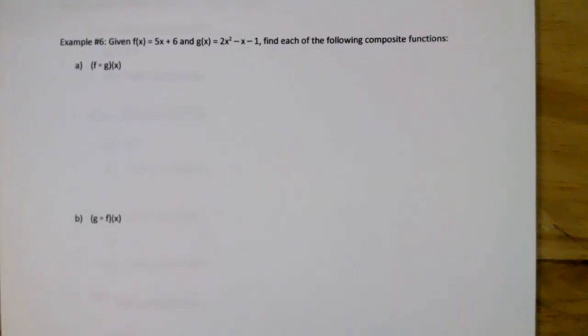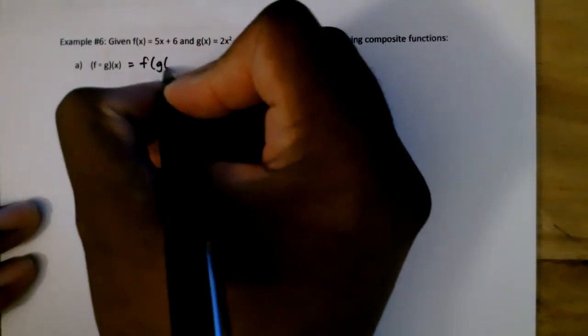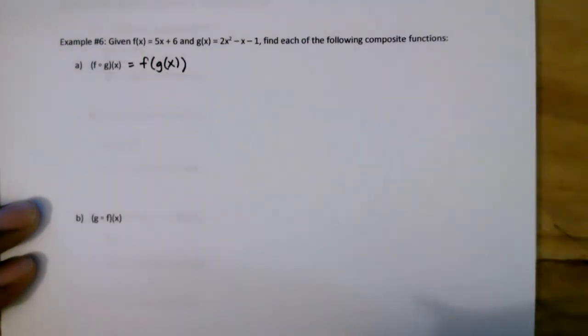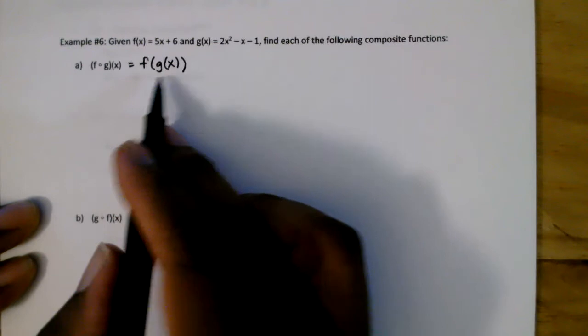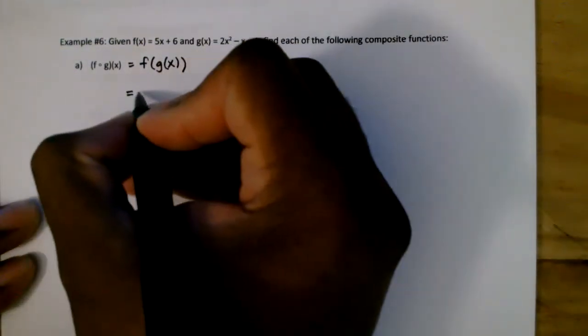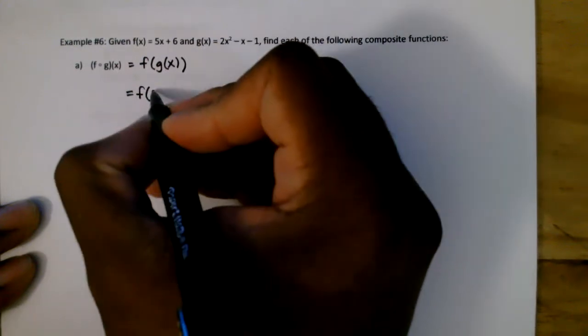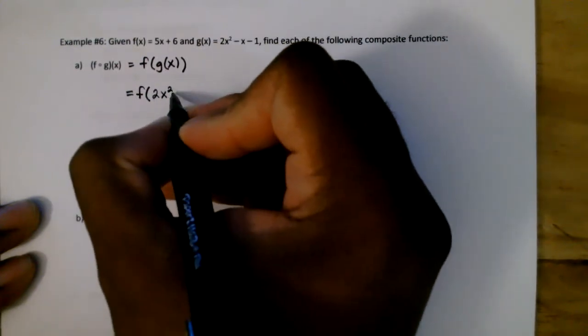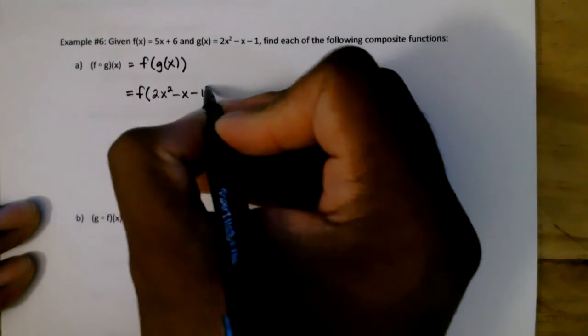So let's start with the composition of f with g of x, which is the same as saying f of g of x. So now your inside function is g of x, and g of x is that 2x squared minus x minus 1. So I'll just substitute that g of x with the 2x squared minus x minus 1.